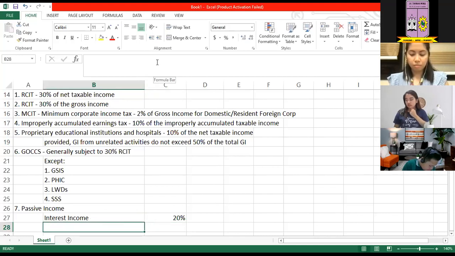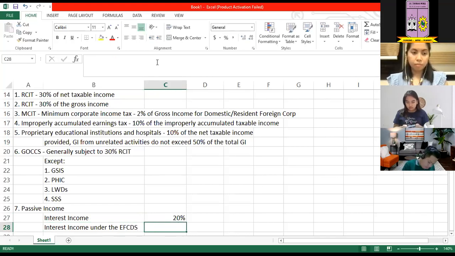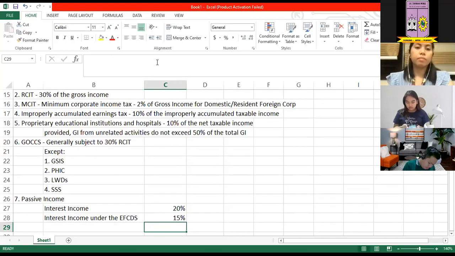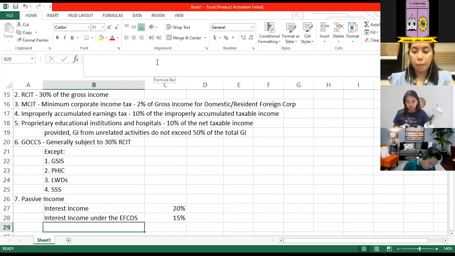Okay. Next, we have interest from under the expanded foreign currency deposit system, 15%. Same principle sa individual taxpayer. Then we have capital gains from sale of shares of stocks.